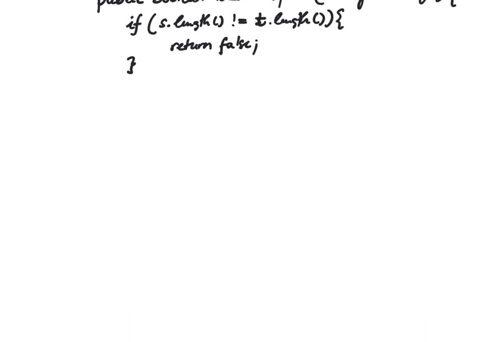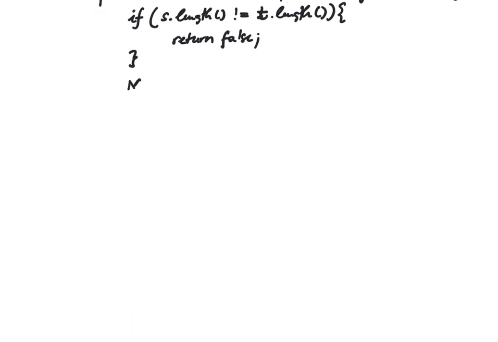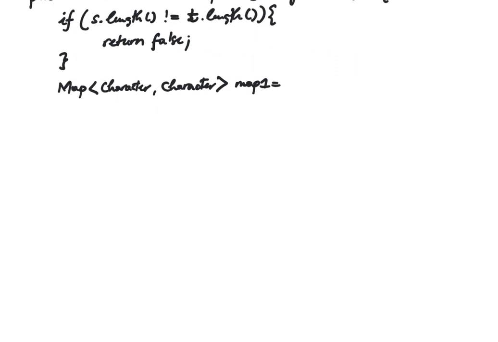Okay, so now we want to create a map of character, and you call this map1 is equal to new HashMap.